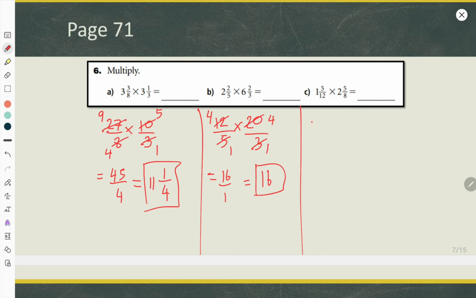We have 17 over 12 multiplied with 21 over 8. Let's see what can simplify. This is 4, this is 7. Now 17 times 7 is 119 over 8 times 4 is 32. Here is our answer.